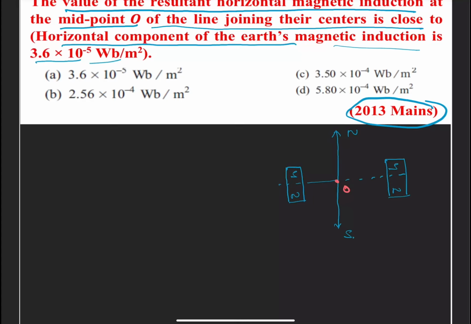And the length of each magnet is given as 1 centimeter. Let us suppose this is our first magnet and this is our second magnet.